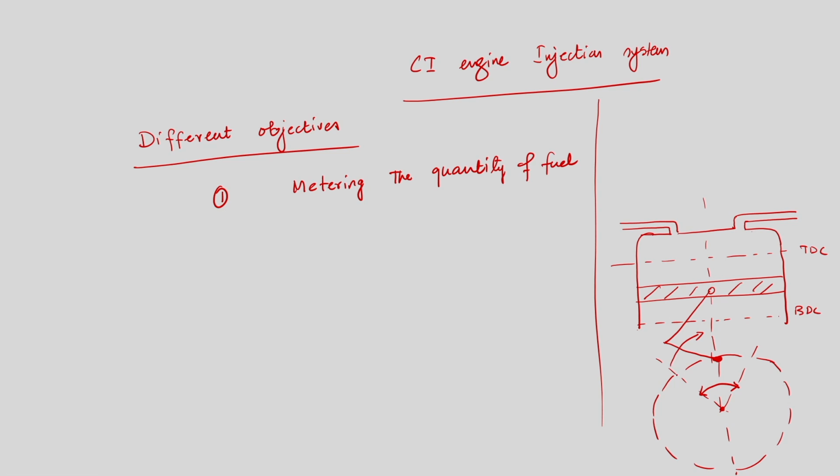So this is point A, this is point B, and fuel is supplied by a fuel nozzle, and it is coming from the fuel chamber.